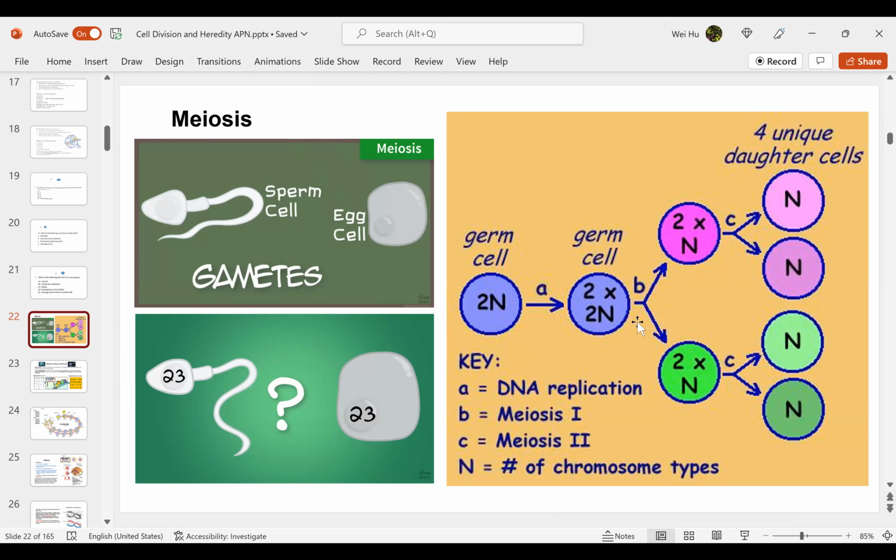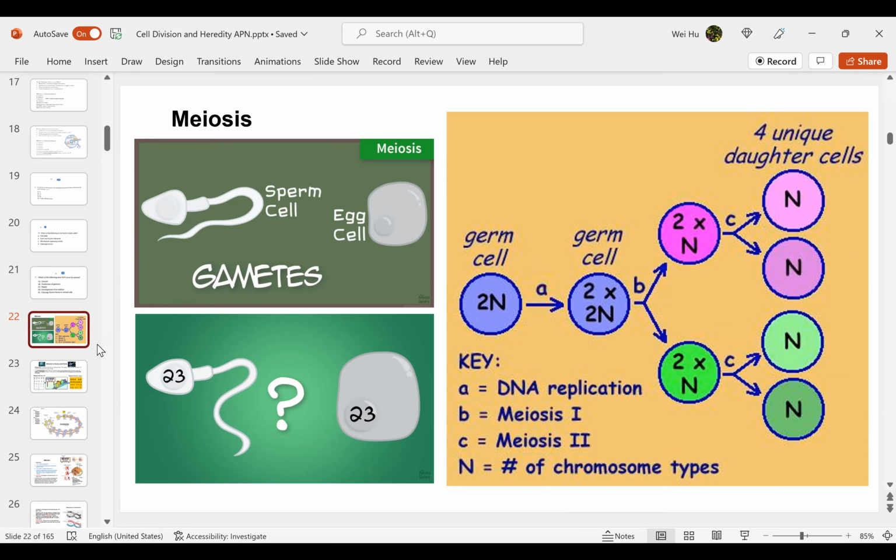You go through 2 divisions, and you only replicate DNA once. That's why you're making 4 cells. They are haploid cells, with half the amount of chromosomes. For instance, you start with 46, you end with 23. And they are also different types of cells, unique cells.